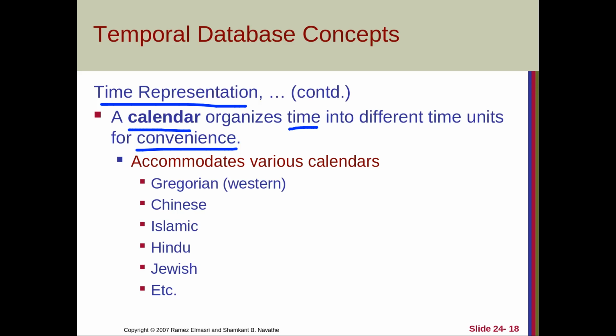Different calendars are available in the world, like the Gregorian or Western calendar, Chinese calendar, Islamic calendar, Hindu calendar, Jewish calendar, etc. All these are different calendars followed in different countries, because different countries have different time zones and may follow different granularities.